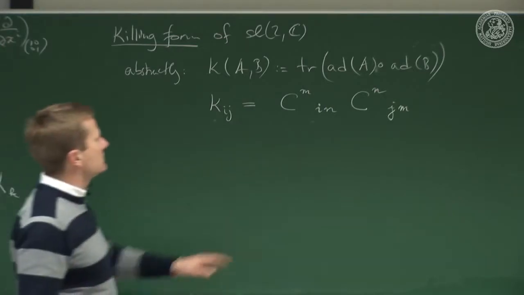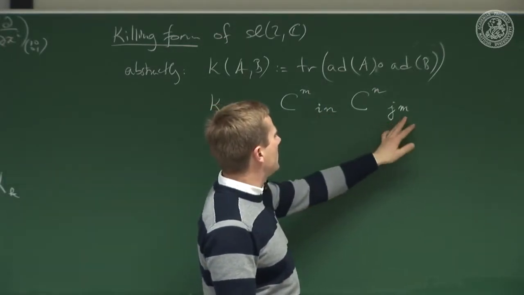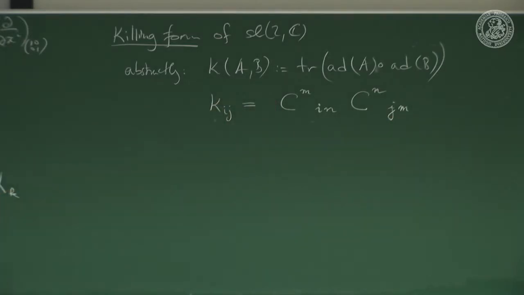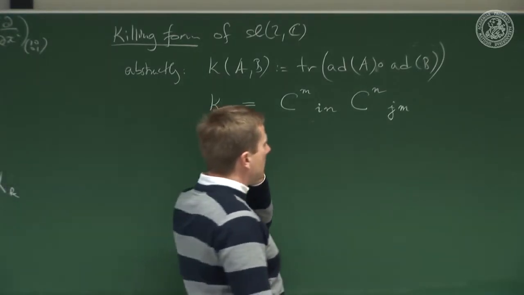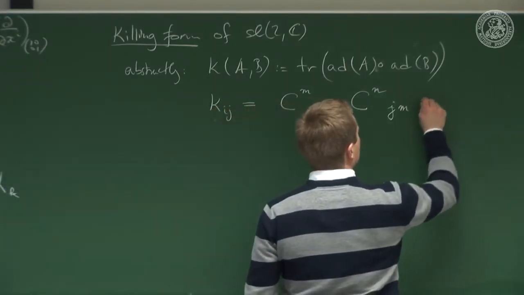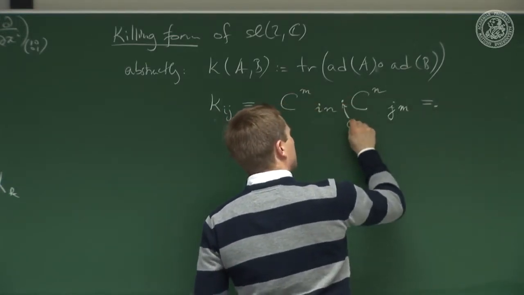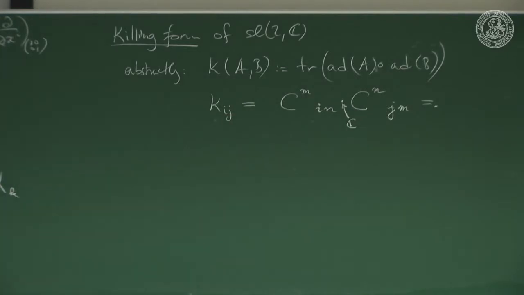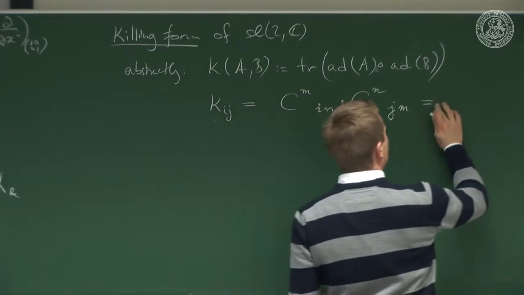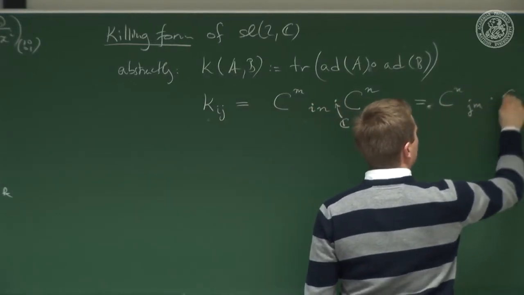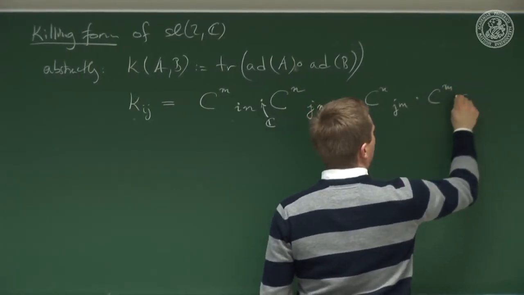And be careful, if you start exchanging here without doing the same here, you get an overall minus sign, which doesn't do any harm as long as you're aware of it. Now, obviously, it's quickly seen that if you have taken into account that here you have the complex conjugation between these coefficients, that in fact you can, of course, exchange these 2 numbers times CMIN.